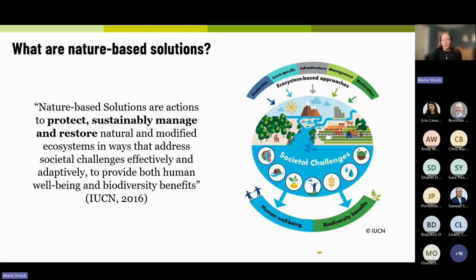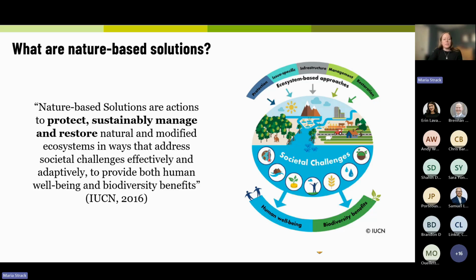So when we talk about nature-based solutions, it might be sort of a buzzword of today, but it actually is a concept that we've thought about for decades when we think about ecosystem services and the potential for nature to provide societal benefits.